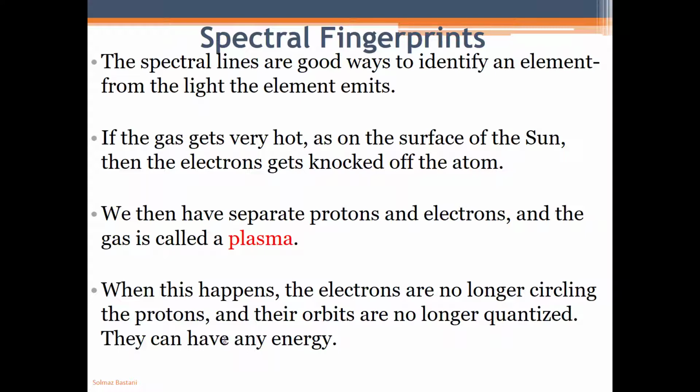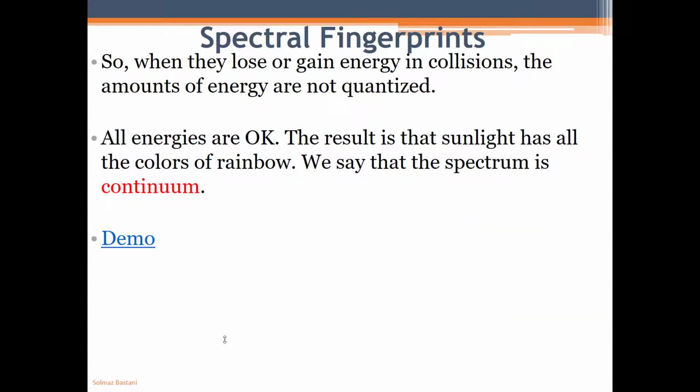This is what happens inside the sun. The electrons are not bound to the nucleus anymore. The electrons are free electrons because we have a plasma there. So that is why instead of seeing just some specific lines of colors, you have a continuous spectrum for the sun. In this case, we say that the spectrum is a continuum.